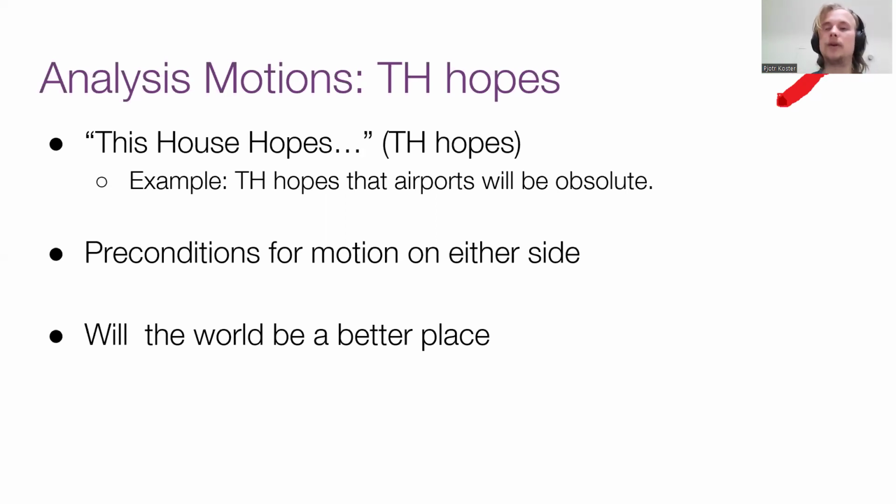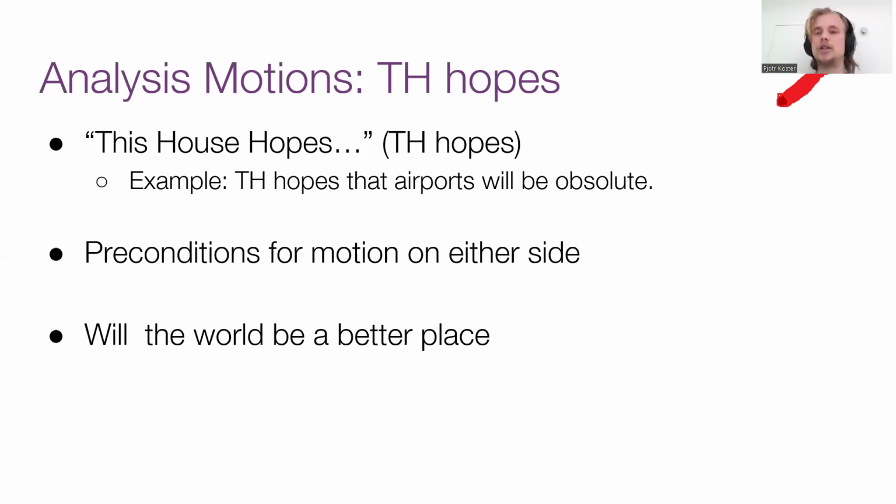There is a funky thing with preconditions with these kinds of motions. So if there's a precondition for this to happen on GOV side, then the same happens on OPP side. So to give an example, at the moment that you're going to say that a precondition for airports becoming obsolete is that train fares are becoming quite low and trains actually run relatively well, that people can use them.